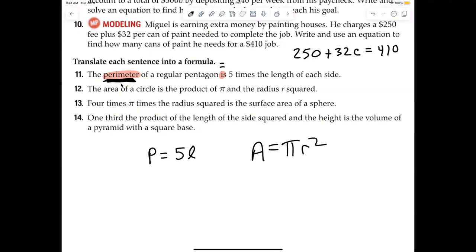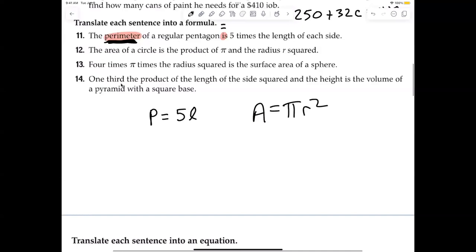All right, Jay, look at 13. 13, I'm sorry. I don't know what I said. 13. 4 times pi times the radius is the surface area of the sphere. So how do I write that? Yep.